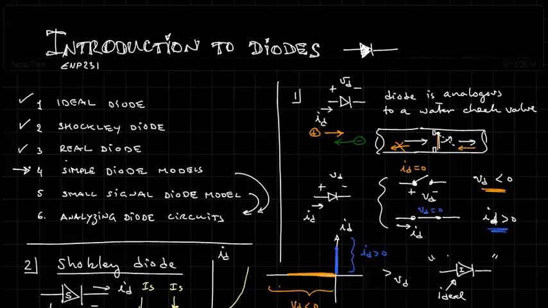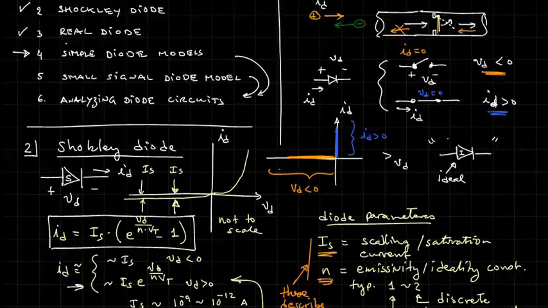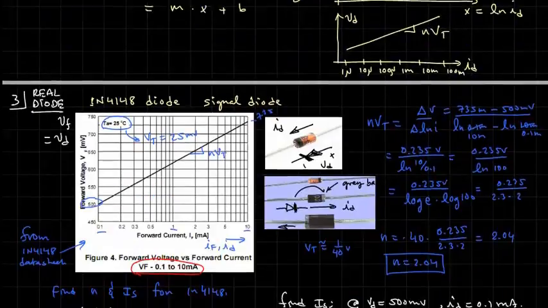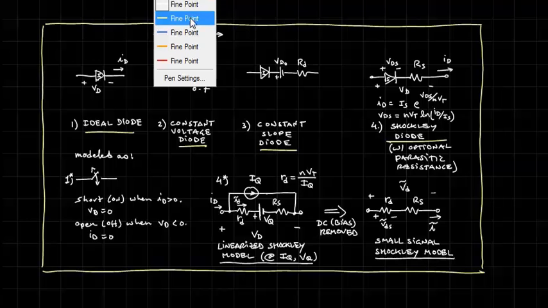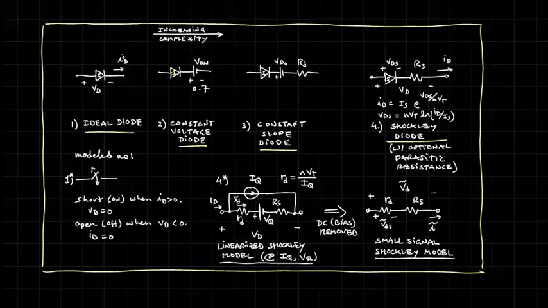So for now, let's introduce several simple diode models, and we're going to look at a total of 4 of them. Let me scroll down to a new spot here. Okay, here is a table of the models that we will be discussing, and we have already introduced a couple of these. The first model is just the ideal model, and that is the idea that it is a switch.